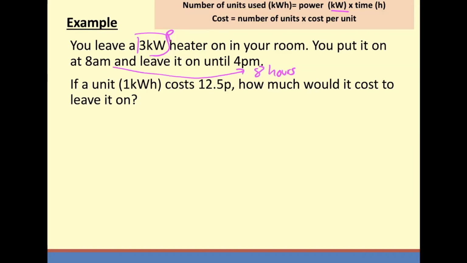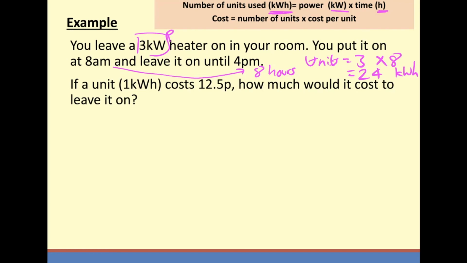So now, because we're using kilowatt hours, we can use our time as hours. So this allows us to calculate our number of units. So by doing our power, which is 3 kilowatts, times 8 hours, so 24 kilowatt hours.